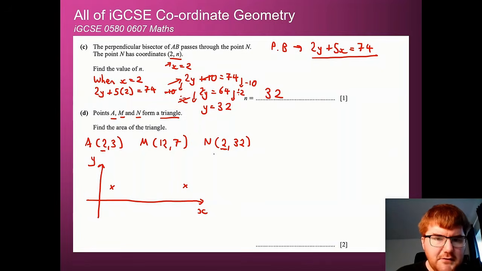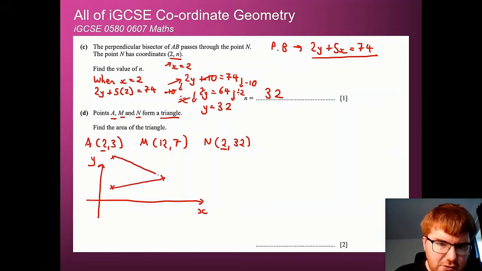So the x coordinates are the same, and it's the y that differs. So we've got n way up here, and then we've got 12, which is over here, and then 7, which lies closer to this point, but again, it doesn't really matter.